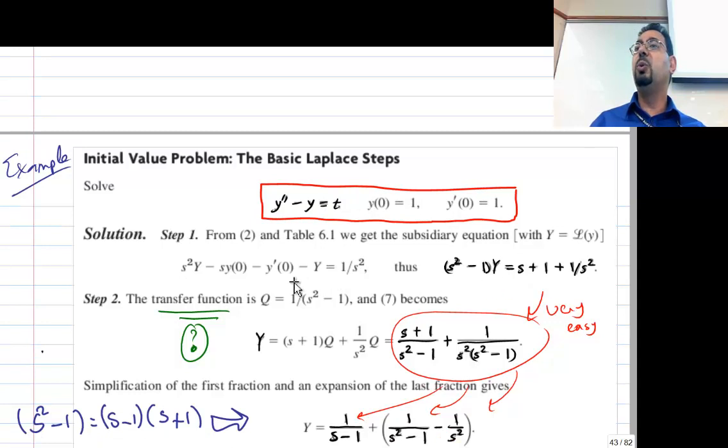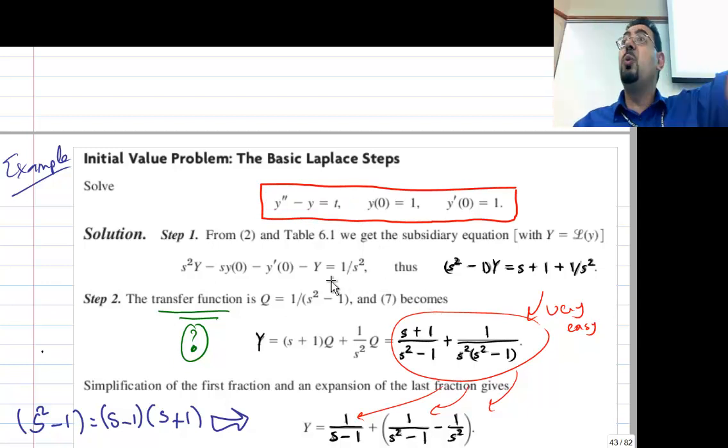Now what should we do next? We did the Laplace. What's next? We need y by itself. Excellent. That's solving it in the s domain. Just put y on one side, everything else on the other side.